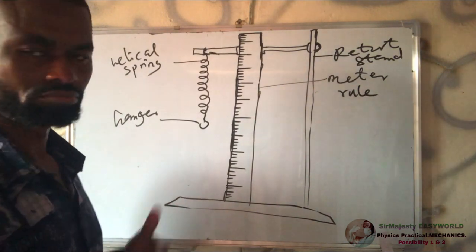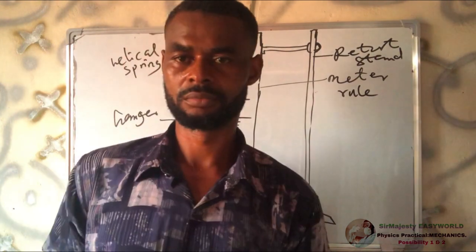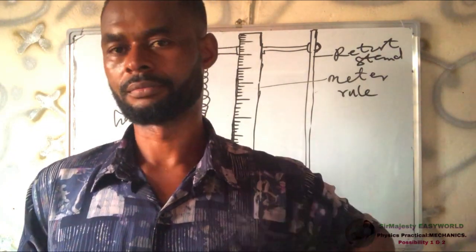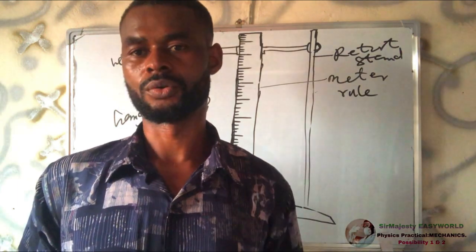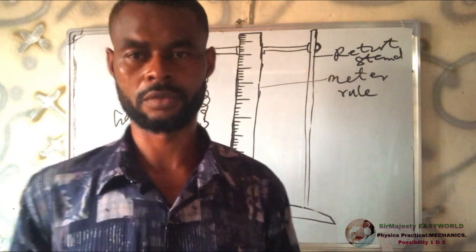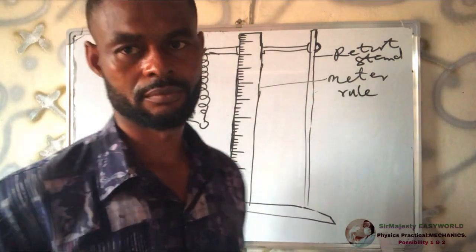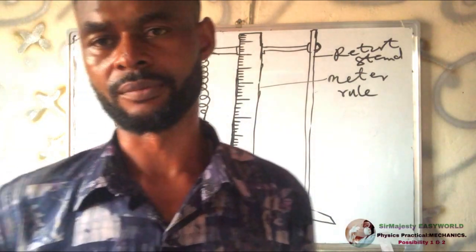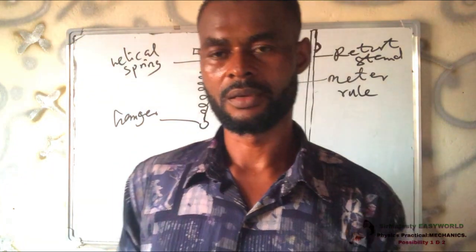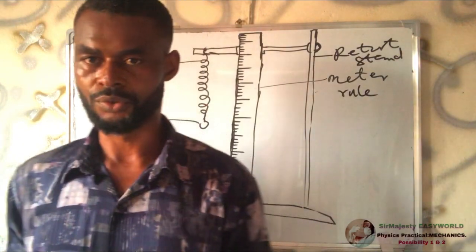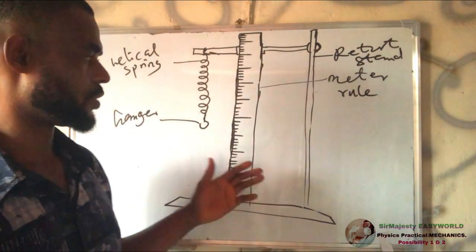So you can also use it to demonstrate a practical. Just follow us and learn what we are doing. It will help you in your exams and other things you do. Watch the diagram very well.